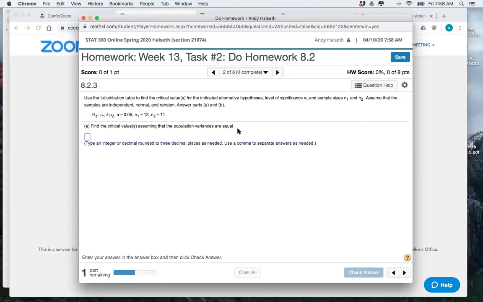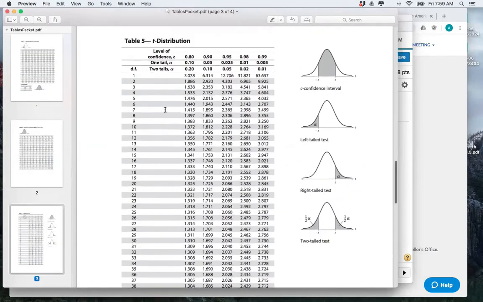Okay, so I've got n1 plus n2 here. If I add those together, that's 24, and then subtract 2 is 22. That's my degrees of freedom, 22. And then I've got the alpha and 2 tail. So now I'm going to jump to my table with that information. So I'm going to the t table, 2 tail 0.05, going down to df 22.